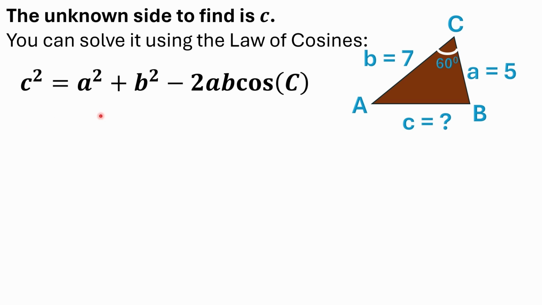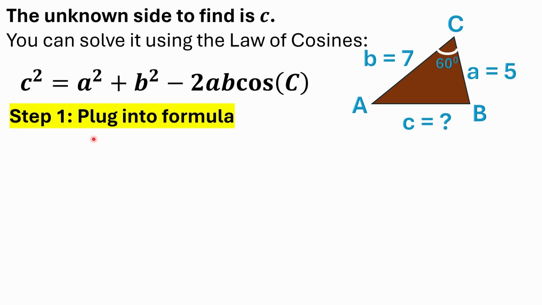And we can use this formula, c squared equals a squared plus b squared minus 2ab times cosine C, since the unknown is c squared. And the next step is to plug into the formula.